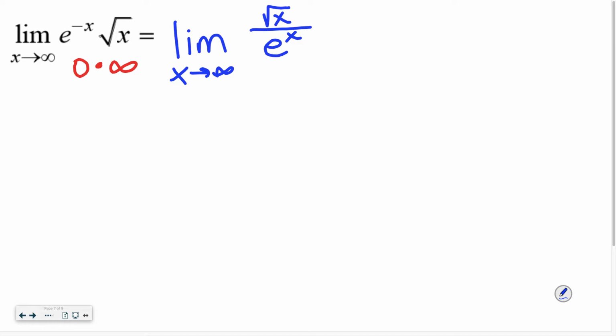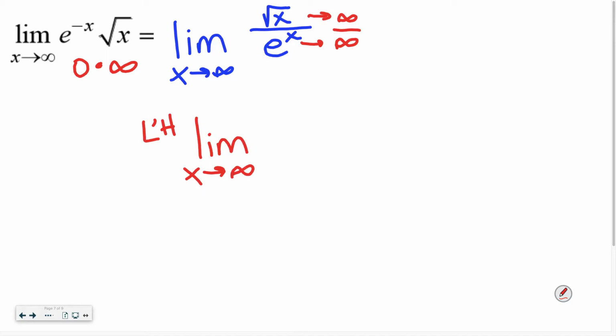Now we have a fraction where our fraction is going to infinity over infinity. And we can now apply L'Hopital's rule, where we can take the derivative of our numerator over the derivative of our denominator.